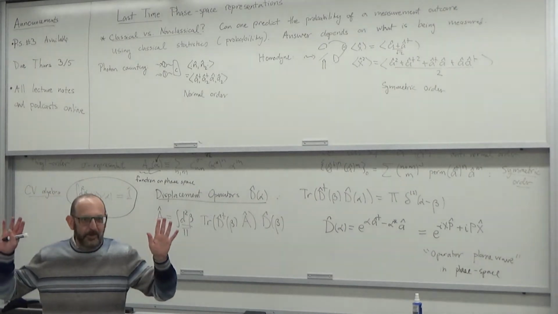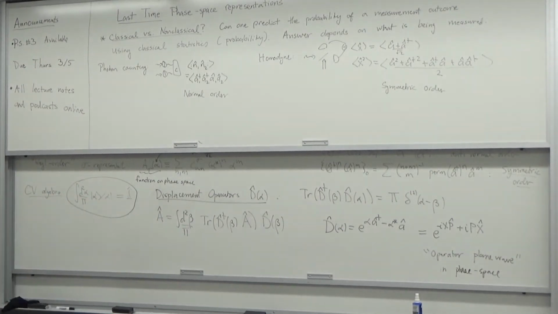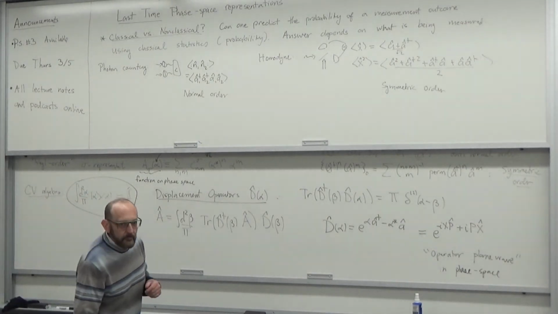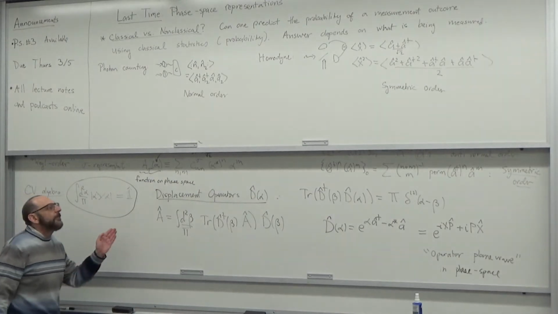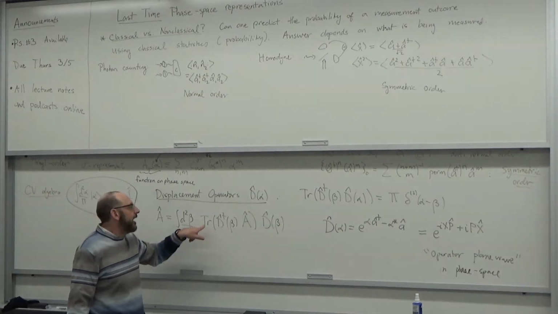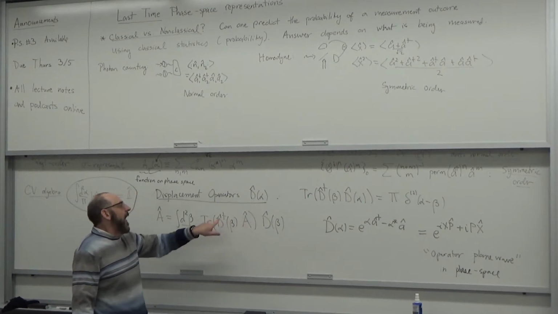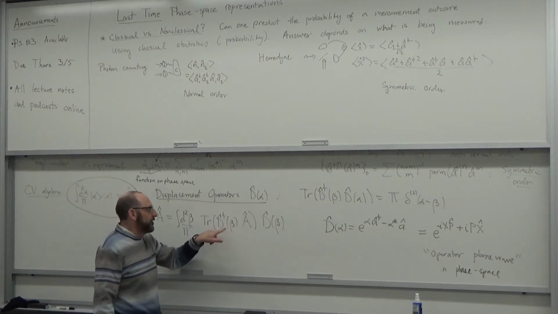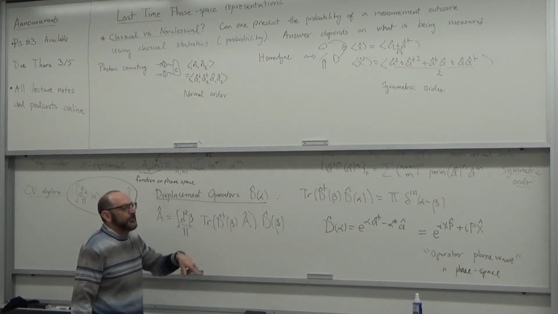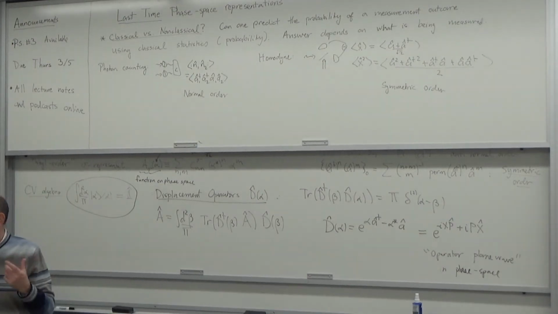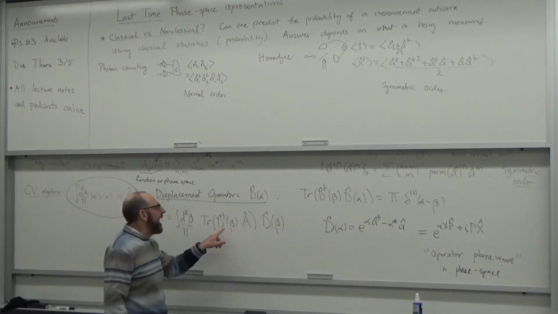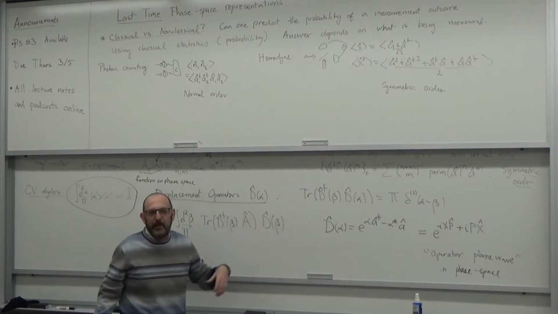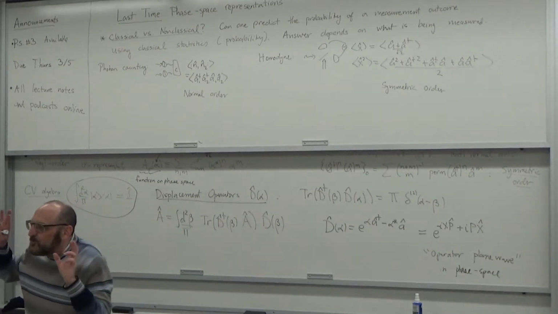I'm being somewhat sloppy, but we'll come back and maybe clean that up in a moment as to when this really is a good thing to do or not. But this is an operator basis, and I can take the operator A and project it onto the direction associated with this basis vector through the trace inner product. So this projects A onto that, and that gives me a coefficient, and then I can find the operator by adding up all the plane waves. So this is like an operator Fourier transform of sorts.